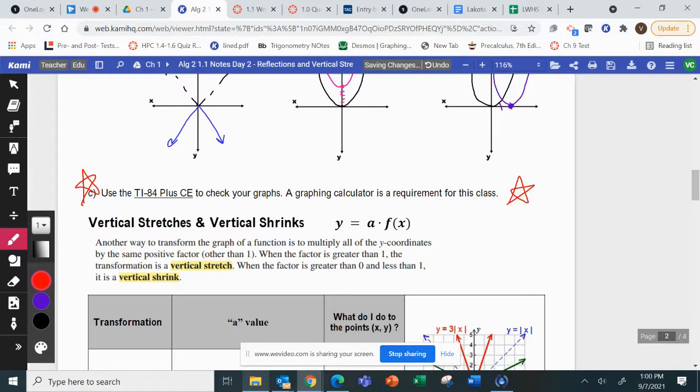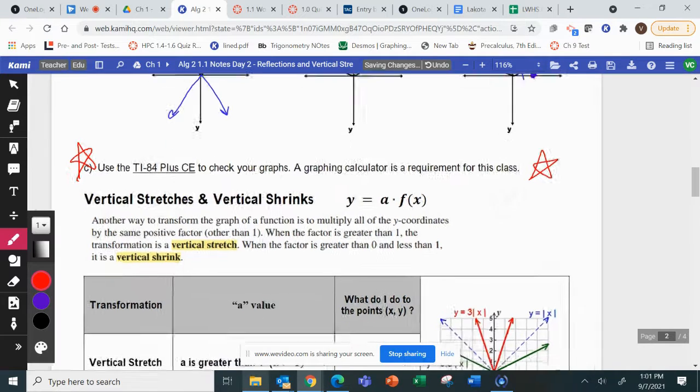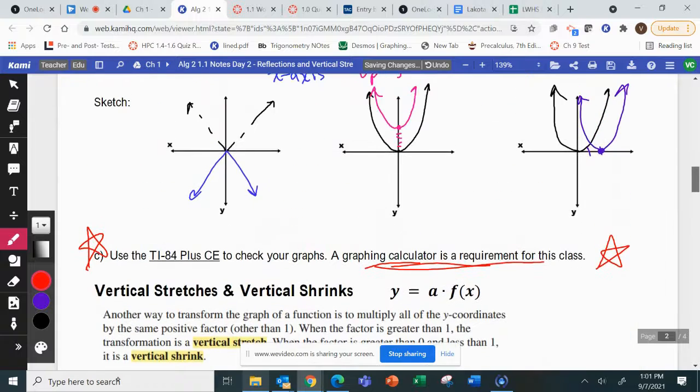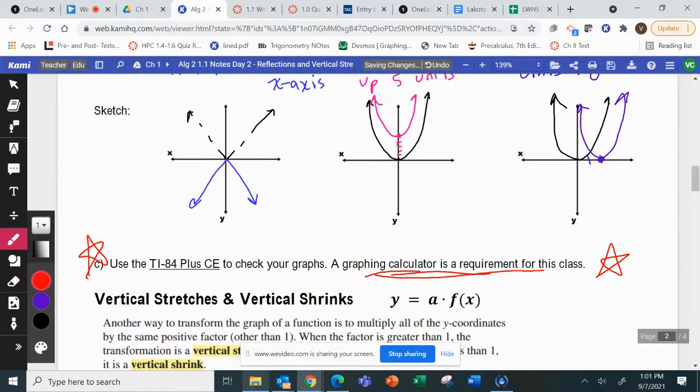If you already know how to do it, that's great. All right, on my phone. Sorry. Nope, that's fine. So make sure you bring your graphing calculator to class. It is a requirement for this class to have one. We've already gone over that the first day, but you need to be bringing it because we will do stuff on the calculator and then we'll do stuff by hand and then so on.